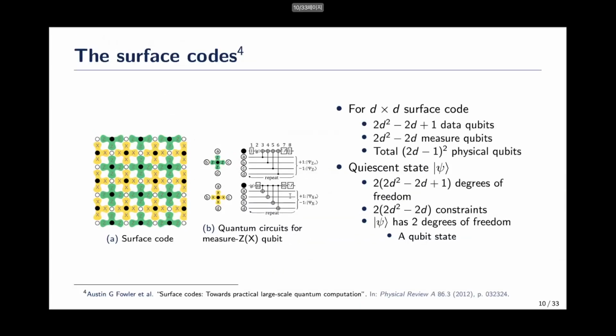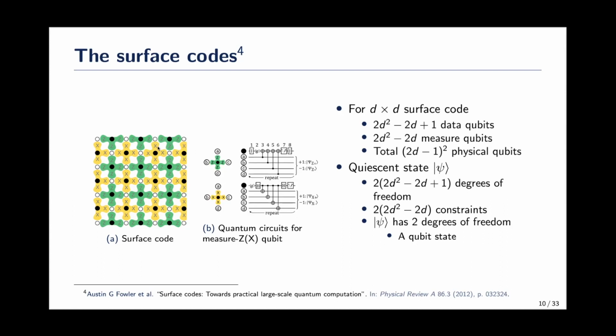Now, I'll introduce the surface code. The surface code consists of 2d squared minus 2d plus 1 data qubits, which are the white ones, and 2d squared minus 2d measure qubits, which are the black ones. They are used for the syndrome measurement.